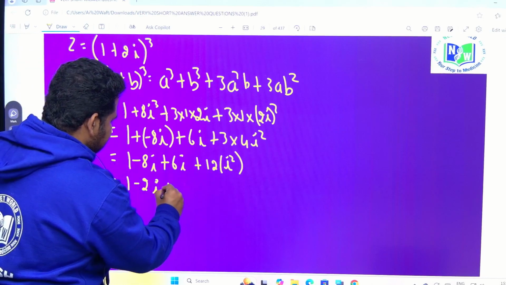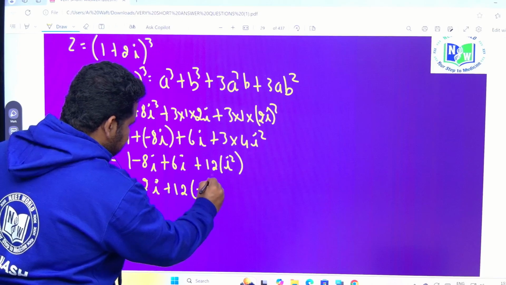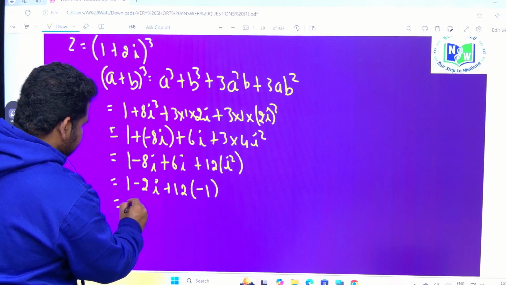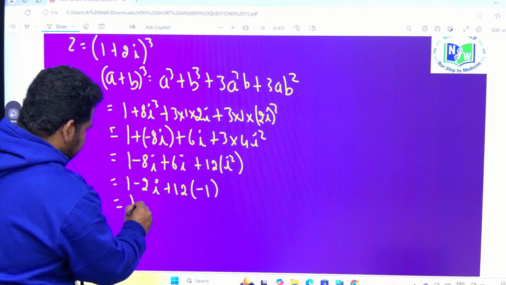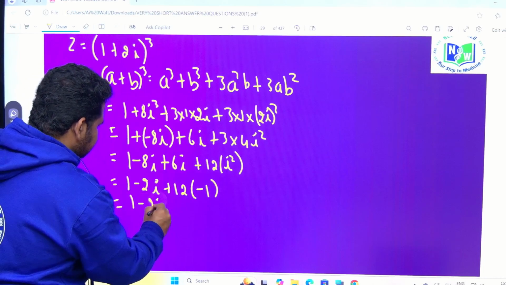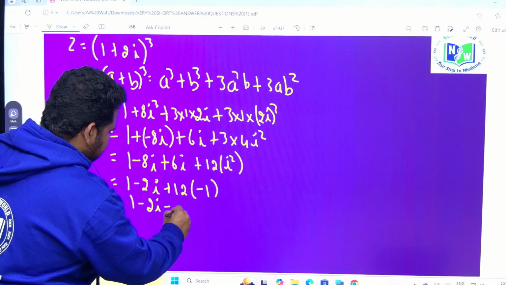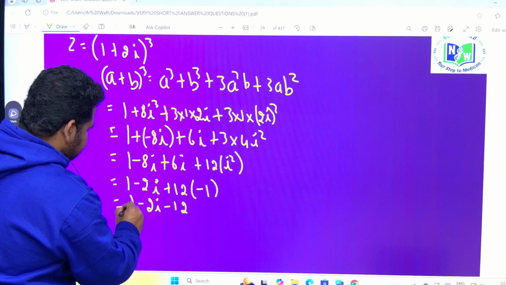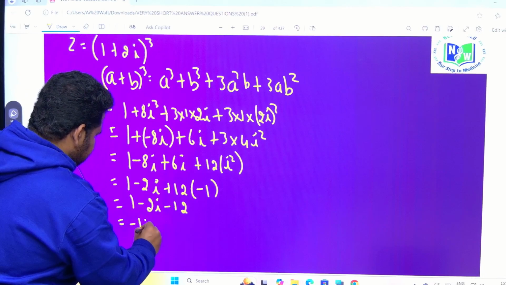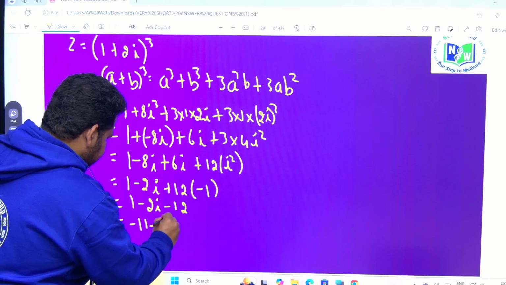So 12 plus 12 into minus 1, so this will become equal to 1 minus 2i plus, plus into minus is minus 12. Minus 12 plus 1 will be minus 11 minus 2i.